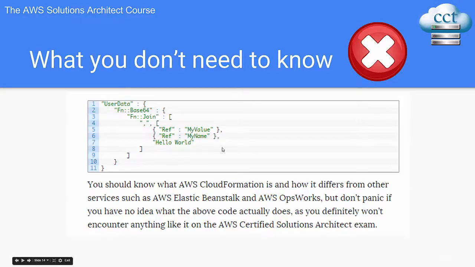Now, if you look at that and you freak out going, I don't know that, don't worry, you don't need to. I think I might have seen it in the SysOps exam, but for this Solutions Architect, no need to worry. You do need to know what CloudFormation is and how it differs from other deployment services such as Beanstalk and OpsWorks. But don't worry about the structure of it and what this all means.